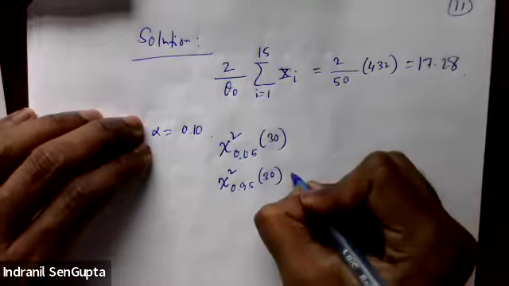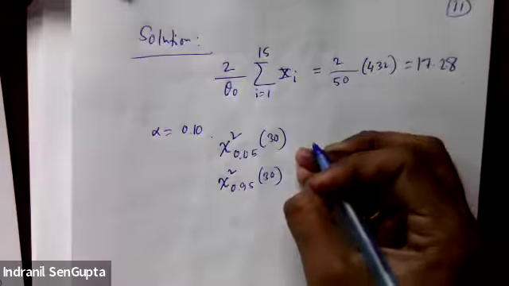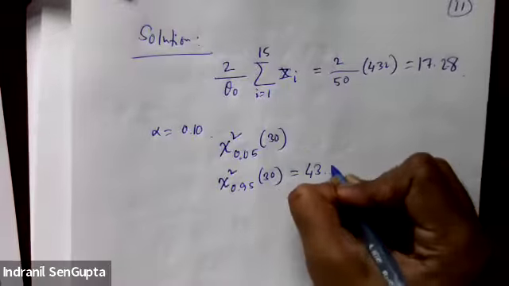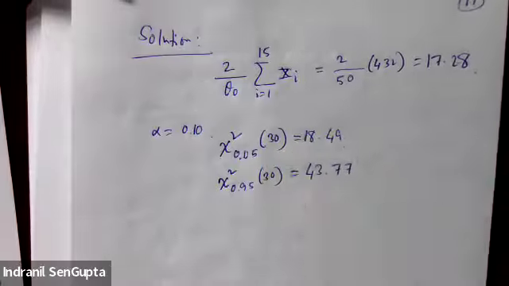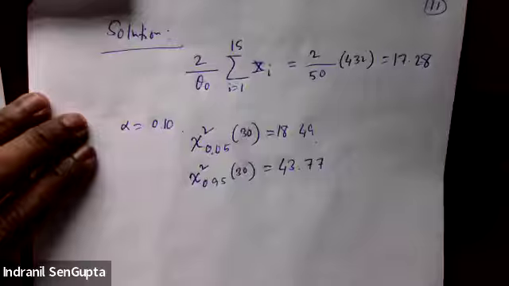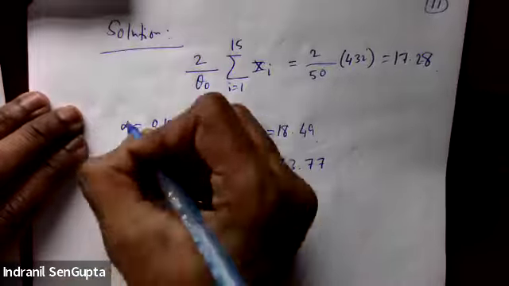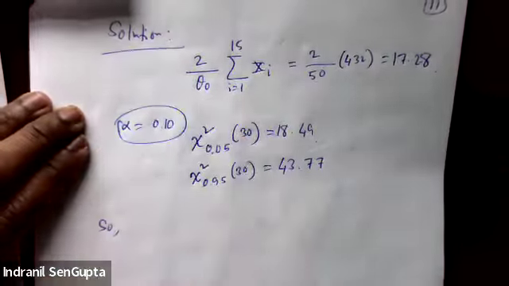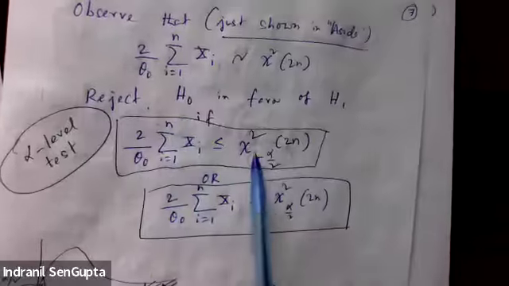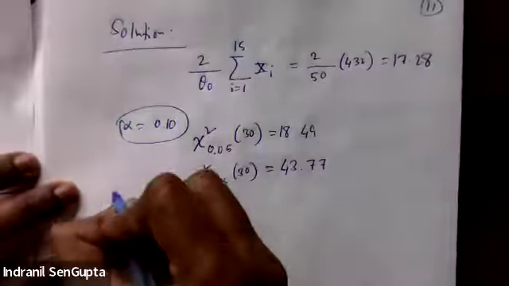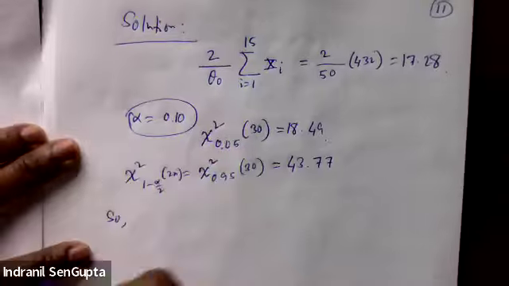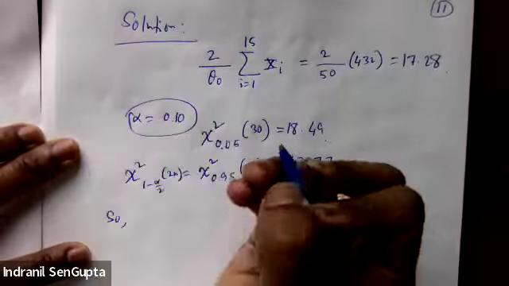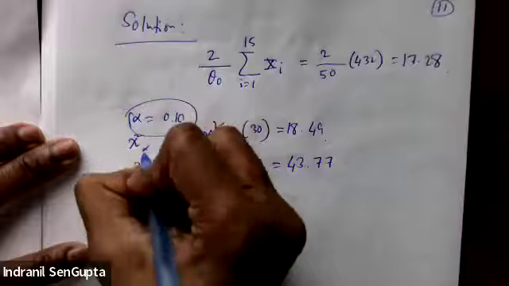Now from the table, you can check that this one is going to be 43.77 and this is going to be 18.49. Okay. So what do we need? We need this quantity to be smaller than chi-squared 1 minus alpha over 2, 2n, or larger than chi-squared alpha over 2, 2n.